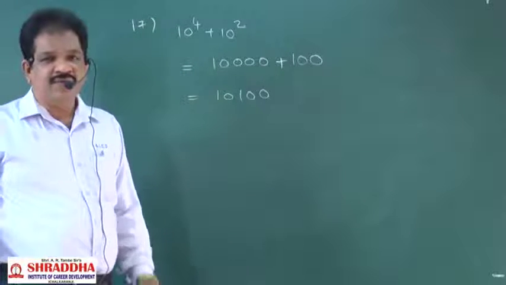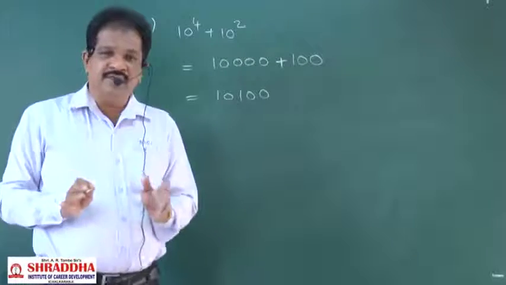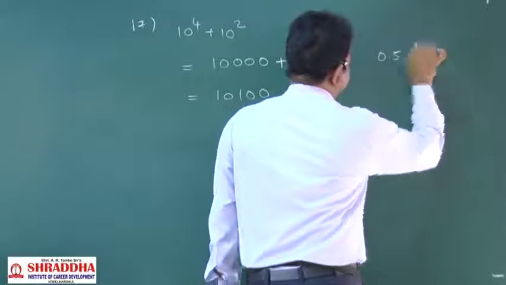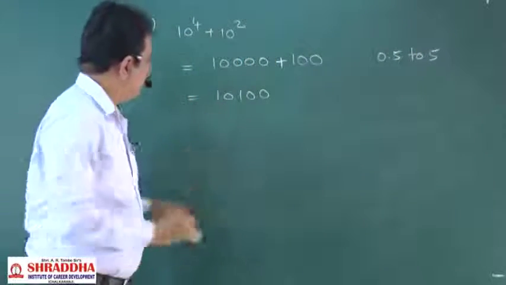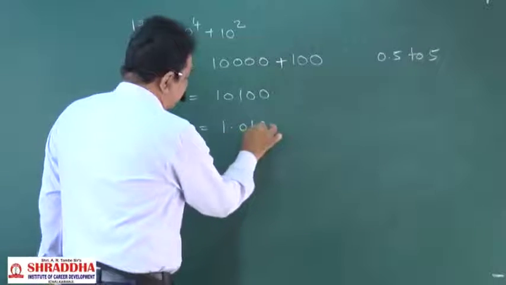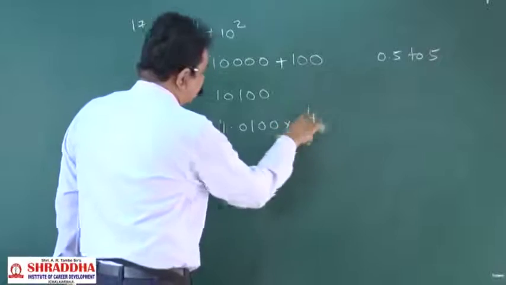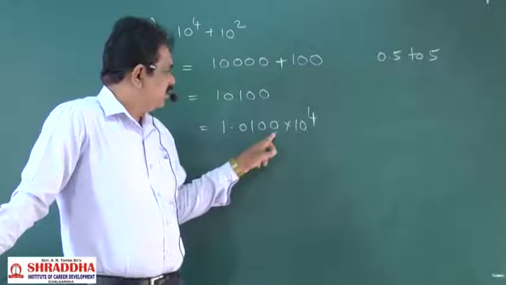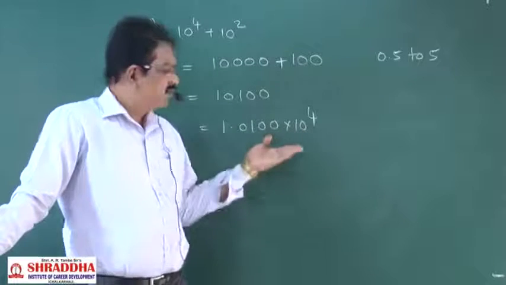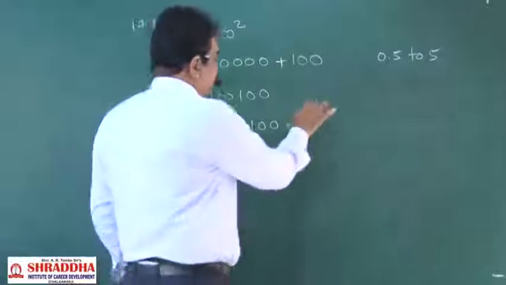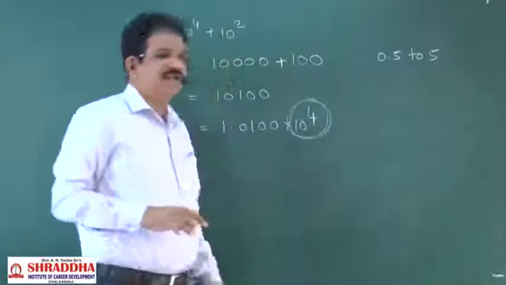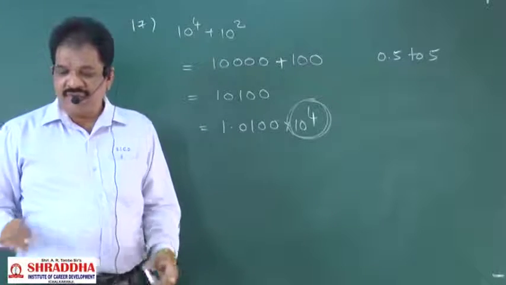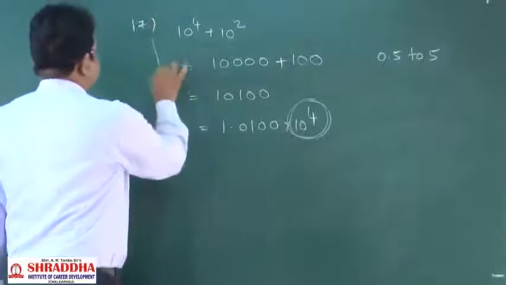Then what we had to do? Express the number in between 0.5 to 5. So we can write it as 1.0100 into 10 power 4. So 10 power 4 will be the order of magnitude. So this is the answer. Clear? So what is the answer for this? 17. It will be C.